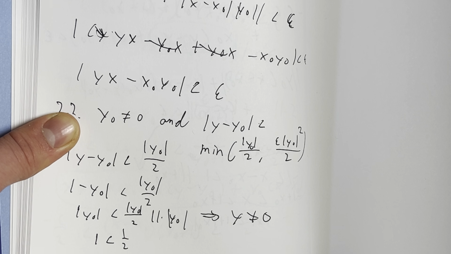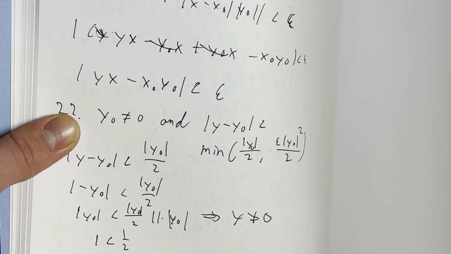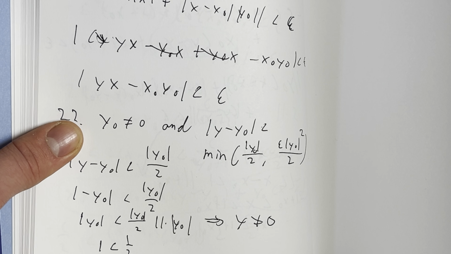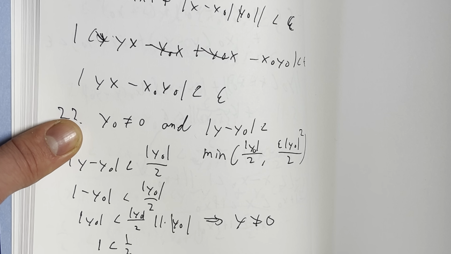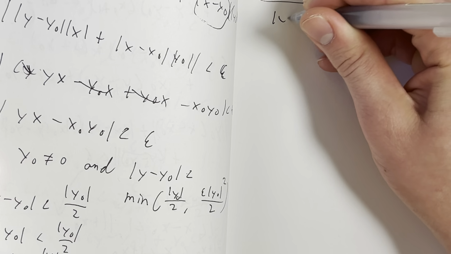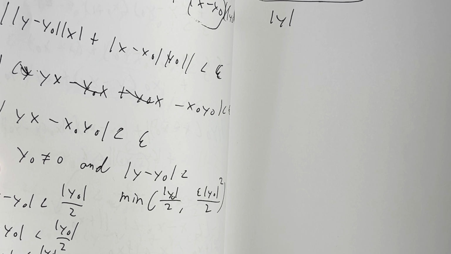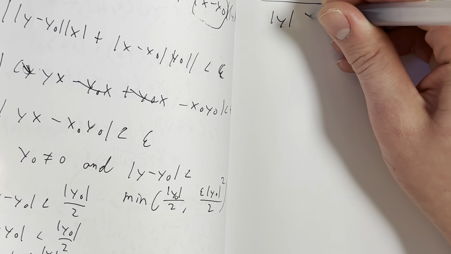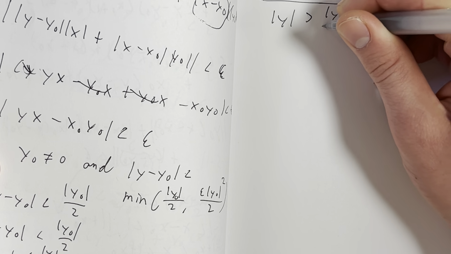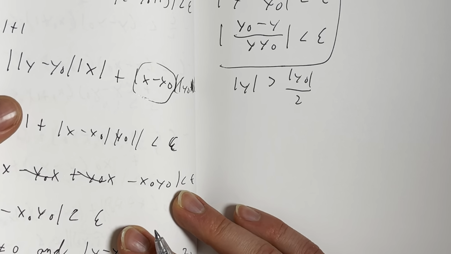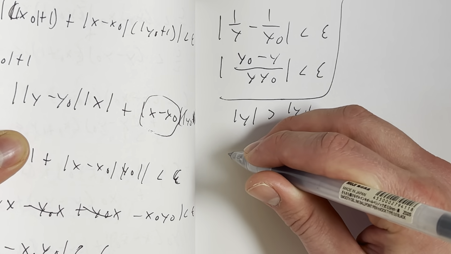And basically what we need is to show that the absolute value of y is greater than the absolute value of y0 over 2, because if that is true, then we can do the following.